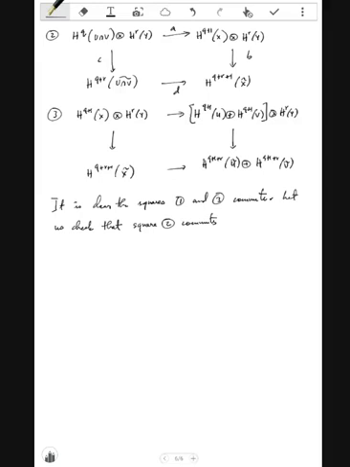And recall, consider an element of the type alpha tensor beta in H^q(U ∩ V) tensor H^r(Y).